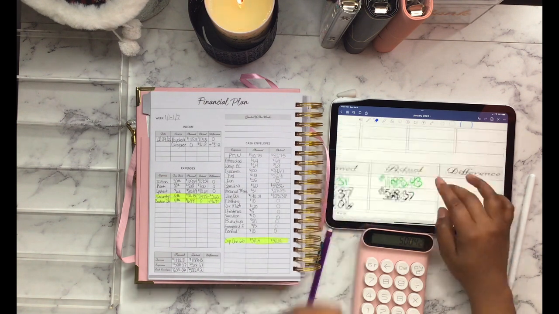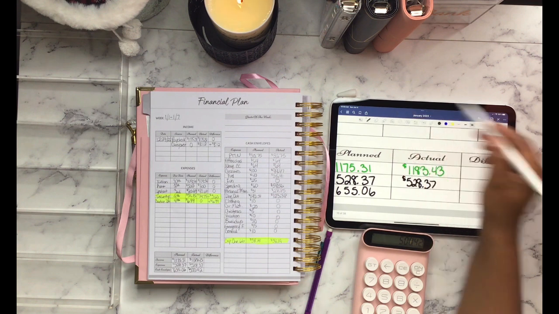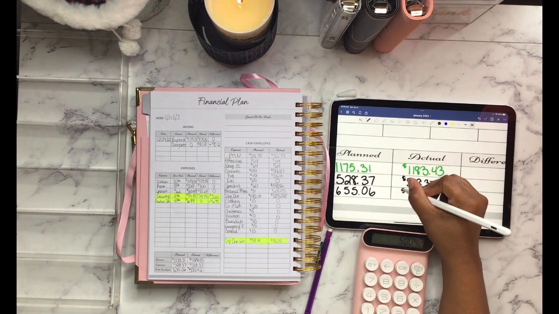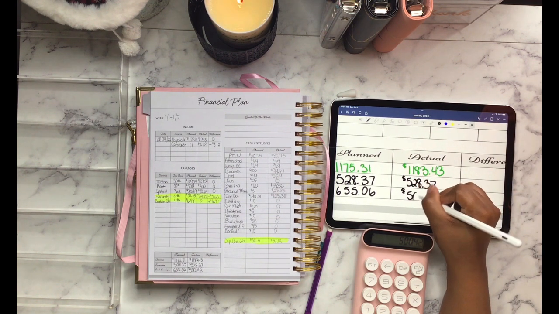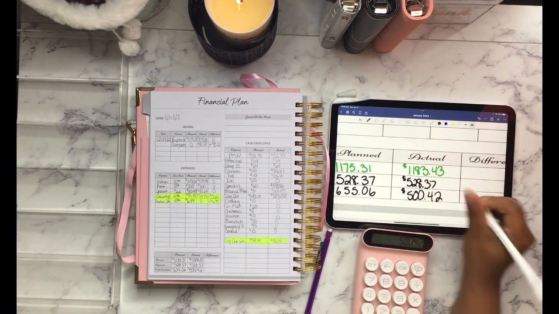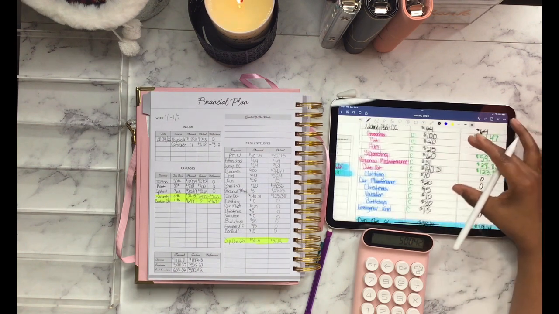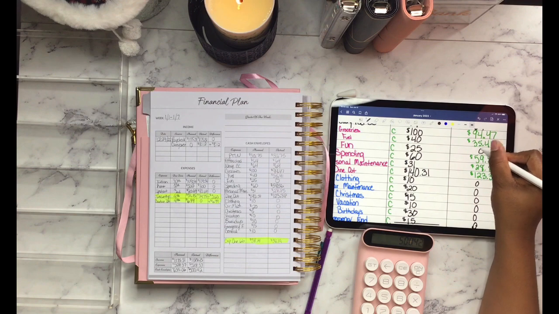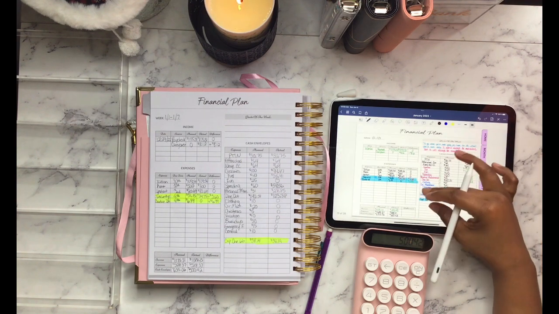So we'll put that here. $500.42. And I'll go ahead and put 0 because I didn't spend anything in that category.